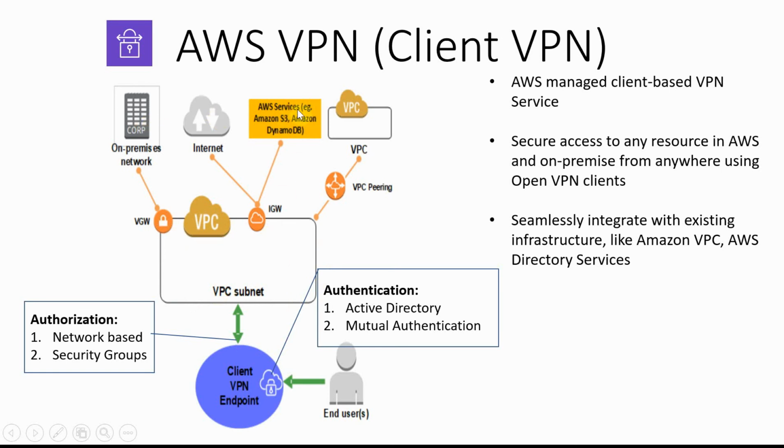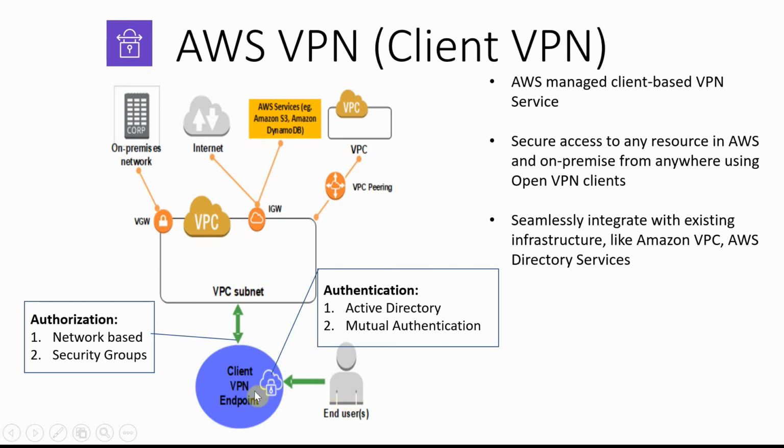For example, other AWS services, or another VPC, for example via VPC peering. It is as if he is inside the public subnet, as if he has access to the AWS console, and can do everything.